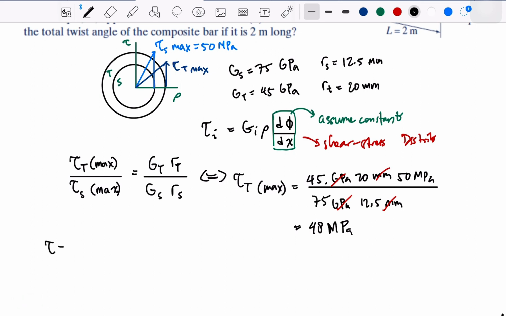So from tau equals G rho, we can write this in terms of, so take the integral for this part.